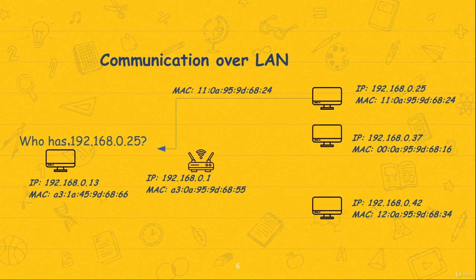This device has an ARP table, which is basically a list containing mappings of IP addresses and their MAC addresses, for example device number 1, their IP address, and then their MAC address. Once it gets back a response, it updates its ARP table with 192.168.0.25, updates the MAC field with this value, and then communicates with it. So this is how the ARP protocol works over a network.